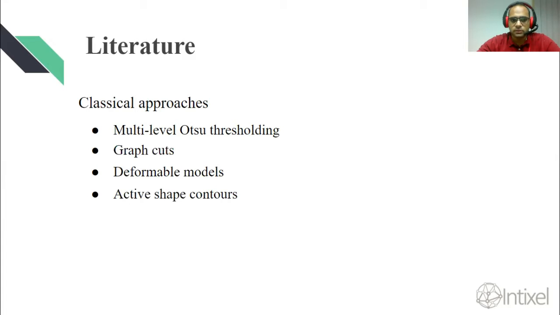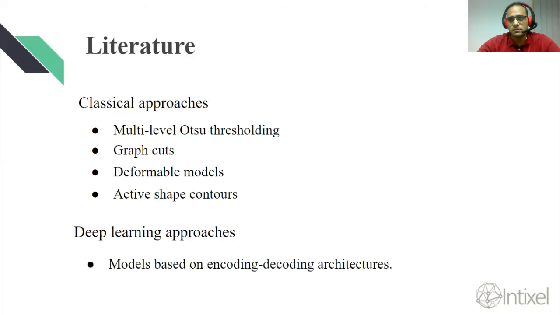However, the issue with these approaches is that they lack the ability to generalize well to unseen data outside the training set. For the deep learning based approaches, many models have been proposed. However, one of the most successful are those based on encoding and decoding architectures.